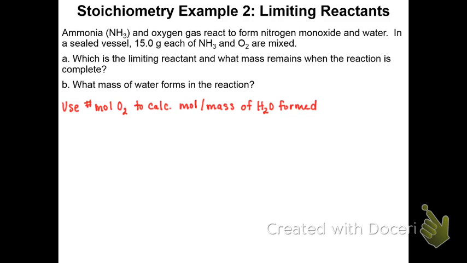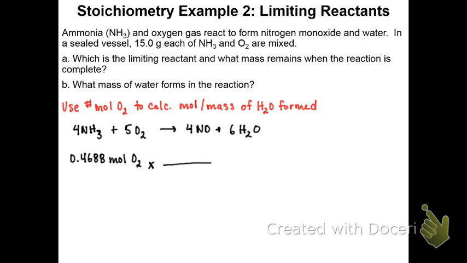So I'll start by rewriting the balanced equation. And so now we start with moles of oxygen. From the balanced equation, we want to cancel moles of oxygen, so we're going to divide by 5 moles of oxygen.